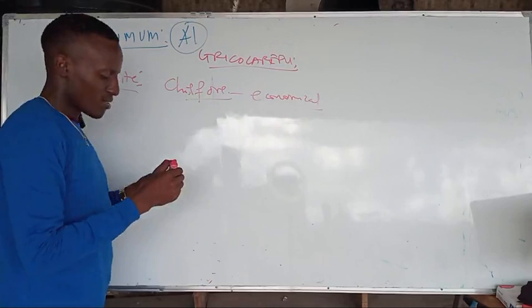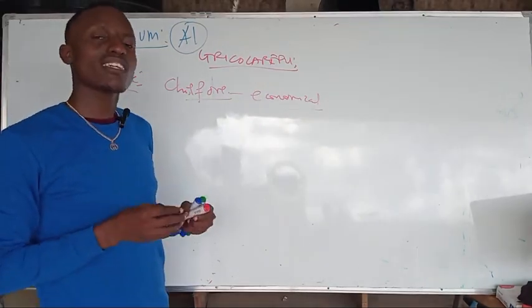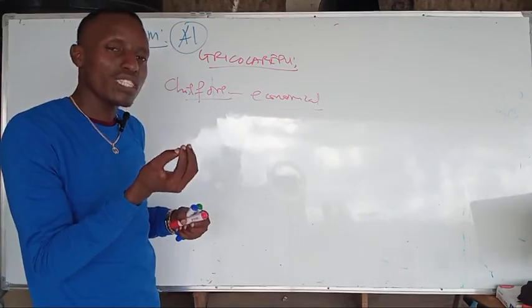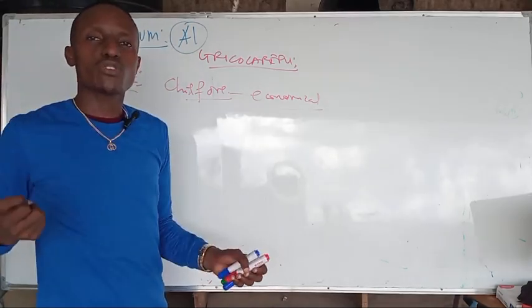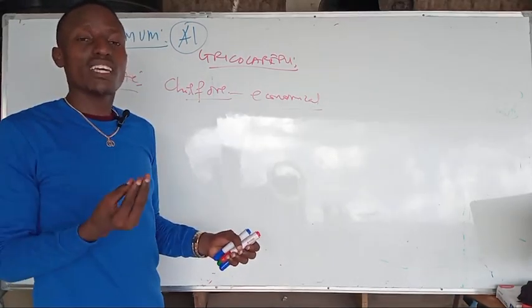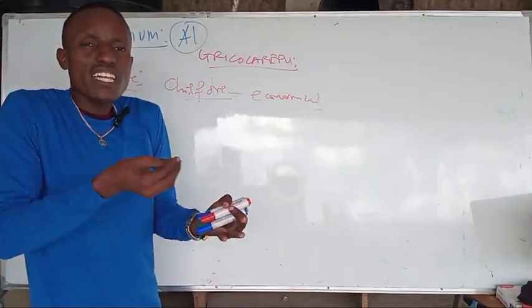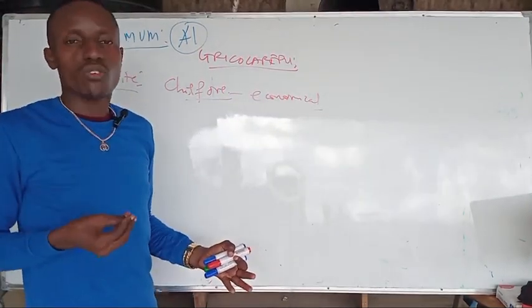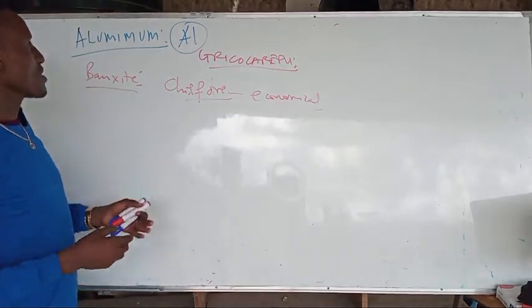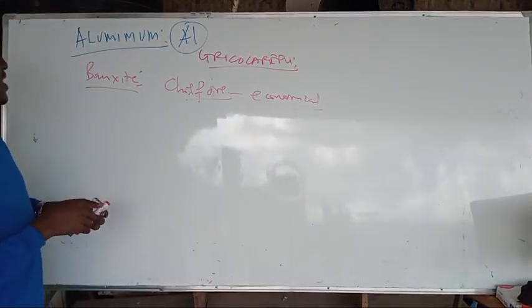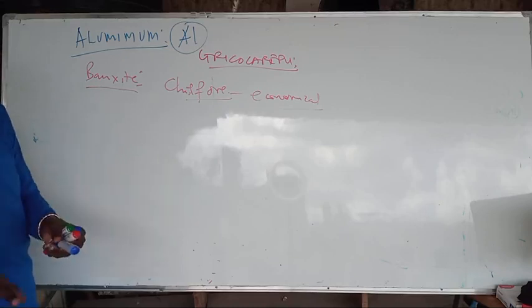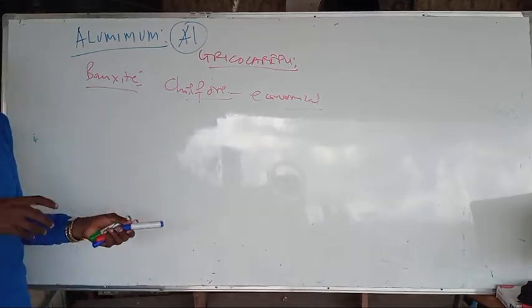What does it mean to say economical? It means within a small amount of ore, I can obtain a large amount of metal. When I say something is not economical, it means I use a large amount of ore and obtain a very small amount of metal. Bauxite is the chief ore, meaning I can obtain a large amount of metal from it.